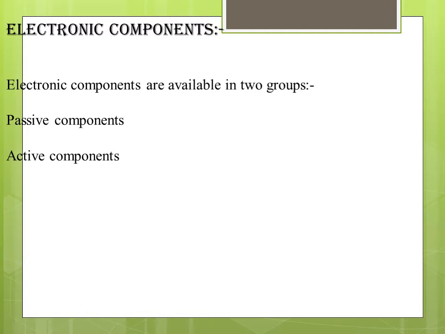Before going ahead and learning the active and passive components and their classification, let us understand two important processes. One is called amplification, the second is called rectification. Starting with amplification: it is a process in which a weak signal is converted into a strong signal.